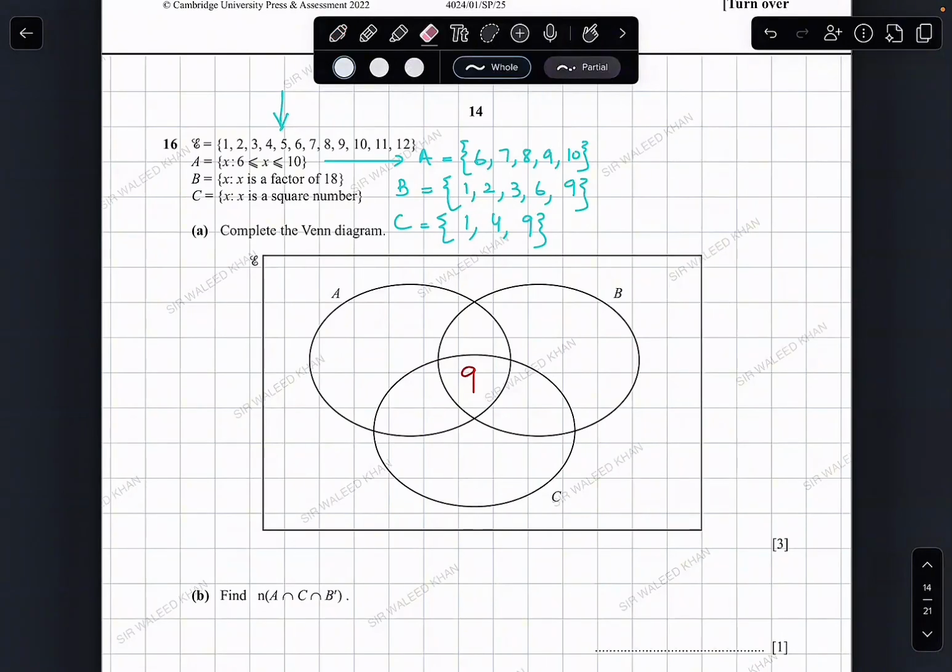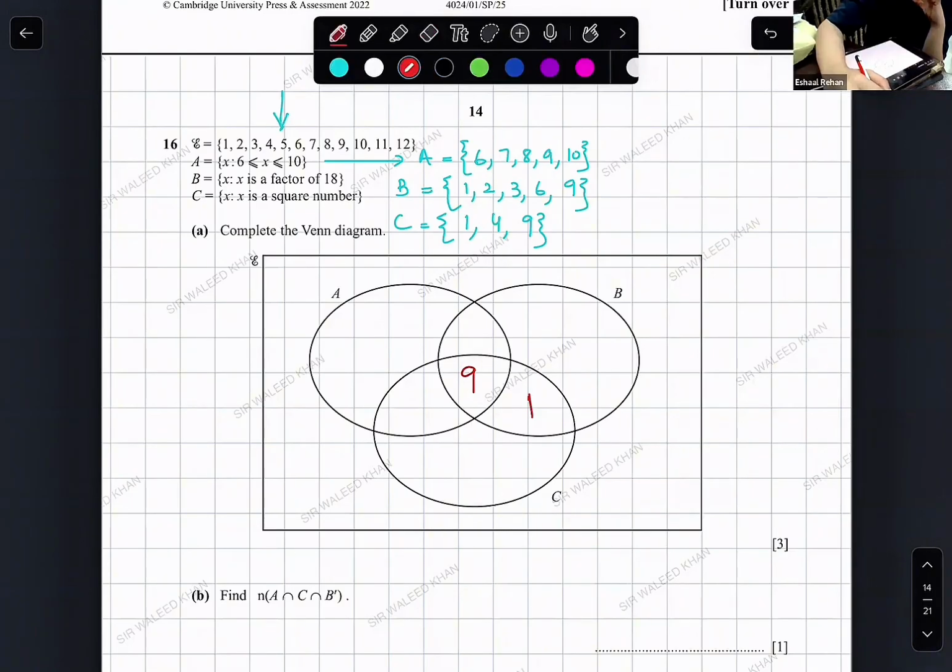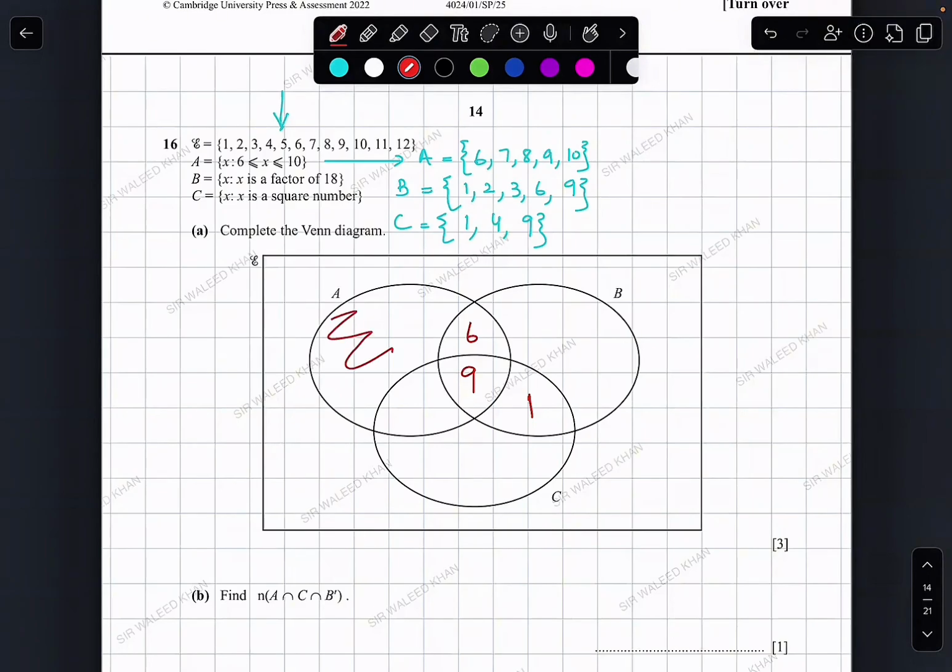Don't have to write anything if there is no number. Okay. And B and C, apart from 9, there is 1. Right? A and B, apart from 9, 6. Good. And the rest will be in the only region, right?